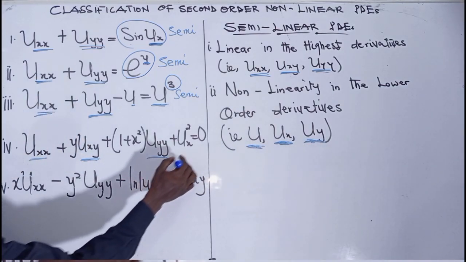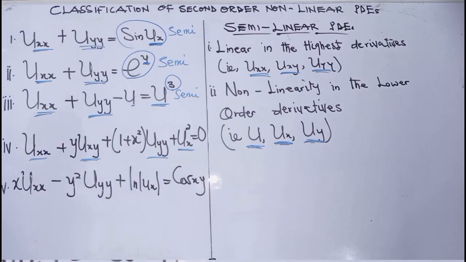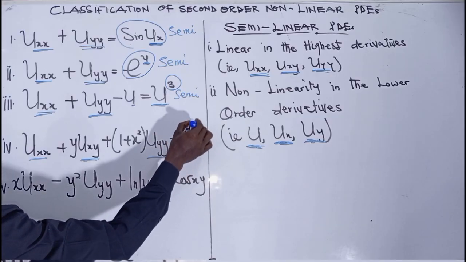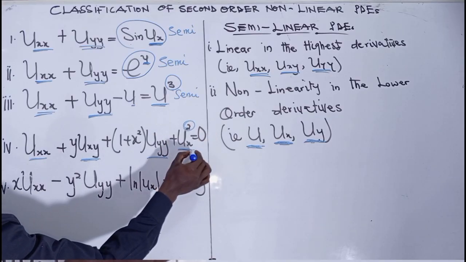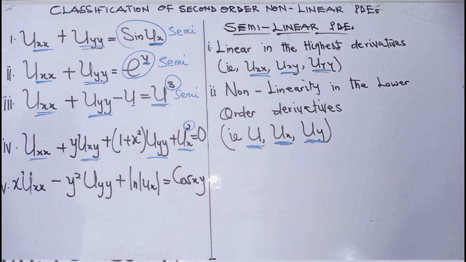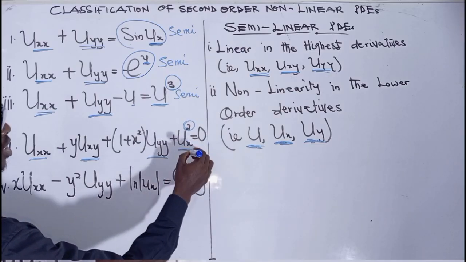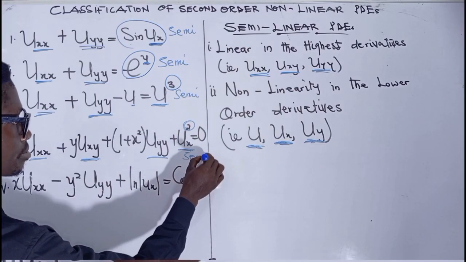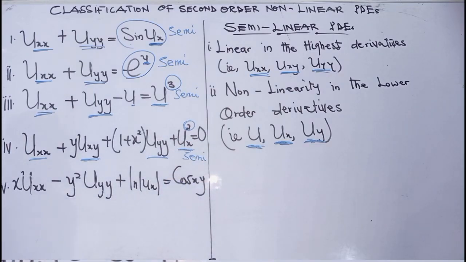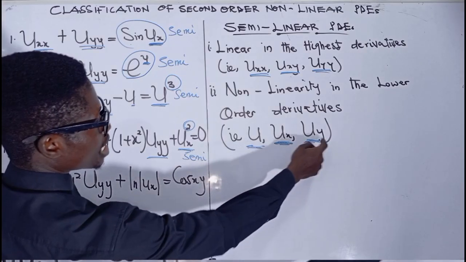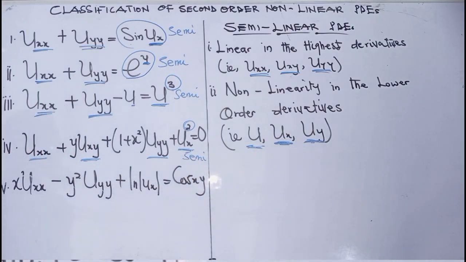You can see that we have a lower order derivative and we have a degree 2 here. This degree 2 on the lower order derivatives makes the PDE a nonlinear PDE. And the type of nonlinear PDE is what? A semi-linear PDE. So this one is also a semi because the non-linearity is on the lower order derivatives.